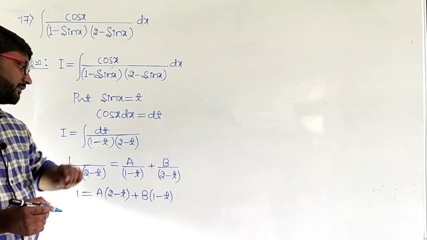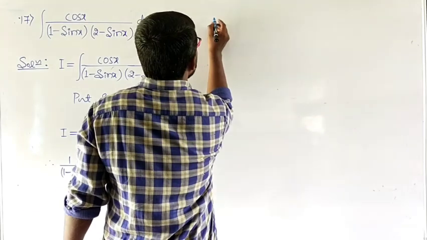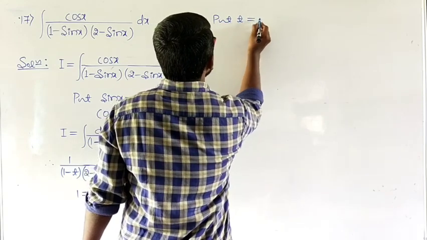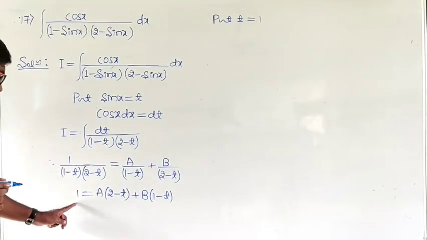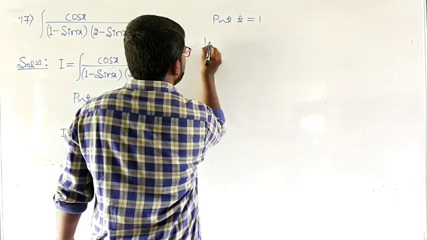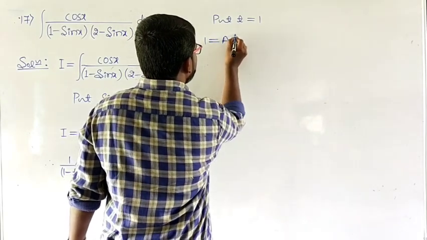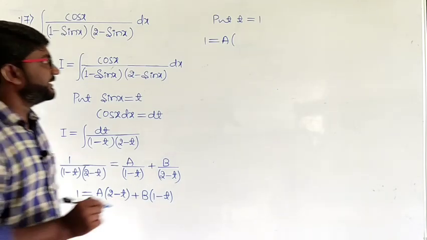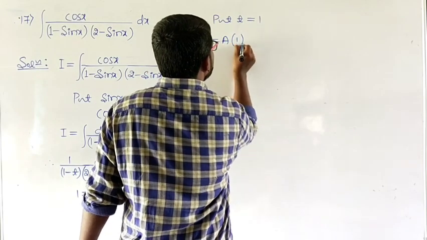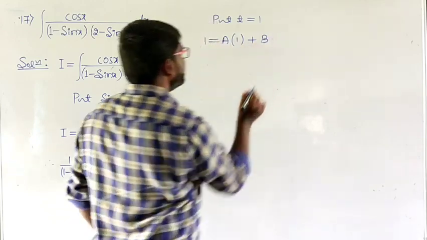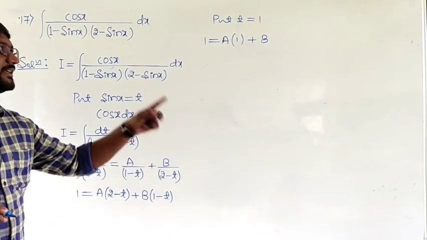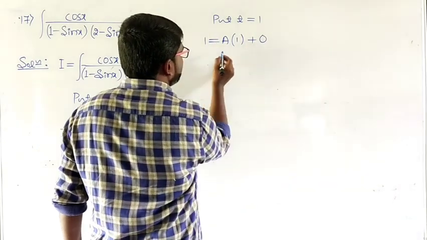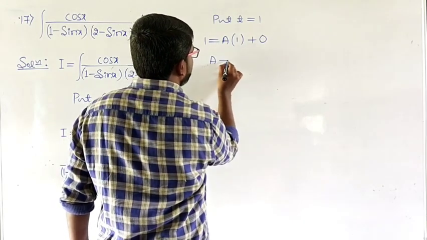So now we have to find the values of a and b. So put t equal to 1. So LHS is 1 itself, 1 which is equals to a into the bracket. So t is 1 now, 2 minus 1 it is 1 plus b into, see here 1 minus 1 it is 0, 0 into b it is 0. So the value of a is 1.